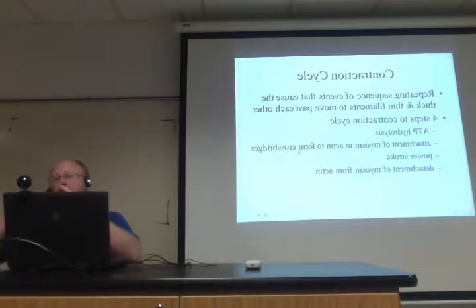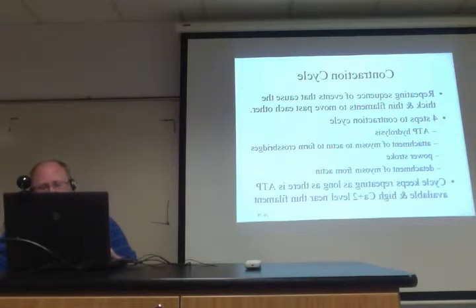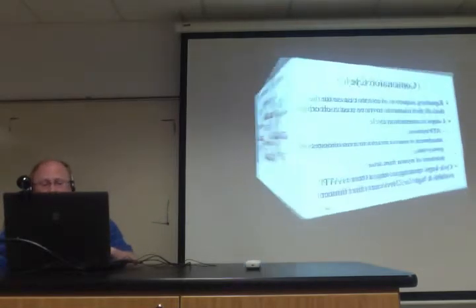We then need to ratchet forward, this maneuver known as the power stroke, and then we need to be able to repeat this process. So actin and myosin need to detach from one another. We need to lock that head back, and we can repeat. And as I said, so long as we have energy in the form of ATP and a supply of calcium available, this contraction cycle can continue.